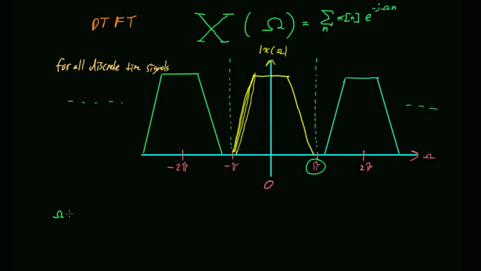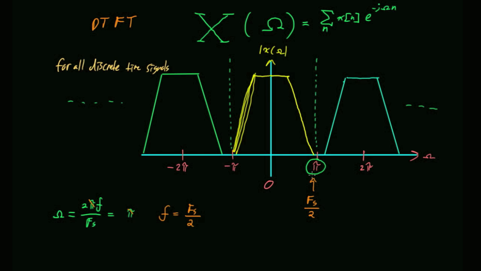So what does omega equals pi correspond to? If I set big omega equal to pi and rearrange terms, it corresponds to the frequency that was half the sampling frequency. And that's your Nyquist. So pi always corresponds to half your sampling frequency, which is also your Nyquist frequency.